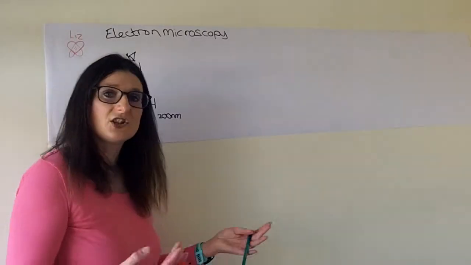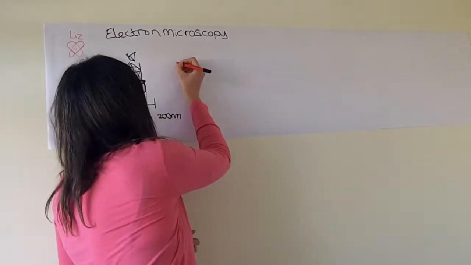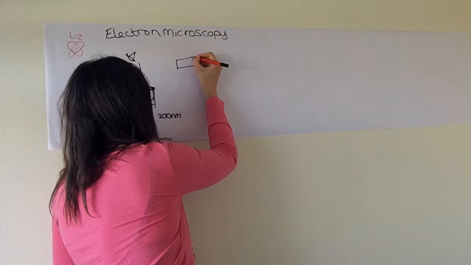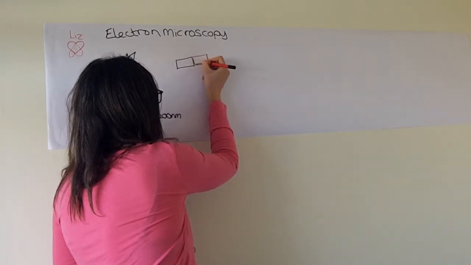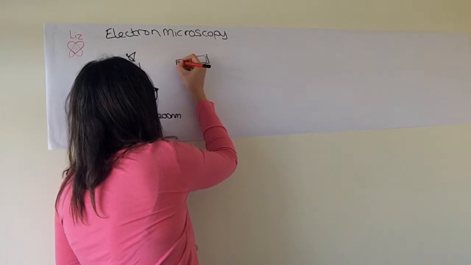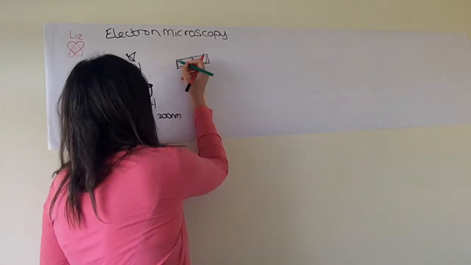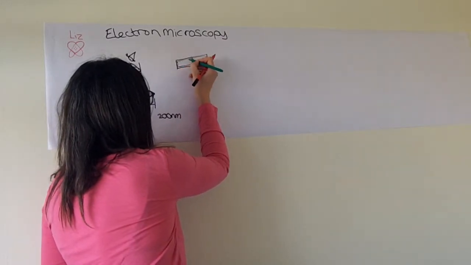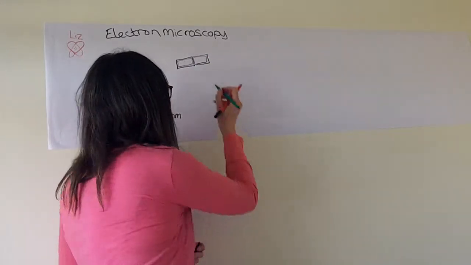So, as I said, you can look at onion under a light microscope, and if you do, you'll see something like this, and you'll see some dots in it. I'm going to do these as green dots because they are green.